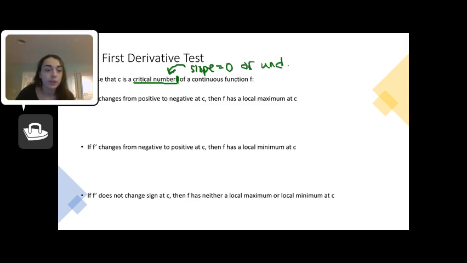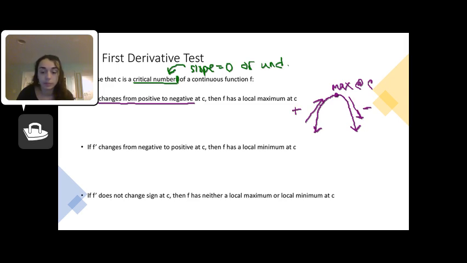I'm going to draw a little function where the slope is positive, hits 0 at our critical point, and then goes to negative. It's pretty obvious after you draw this little diagram that this is going to be a maximum value at c. We're going from a positive slope to a negative slope.